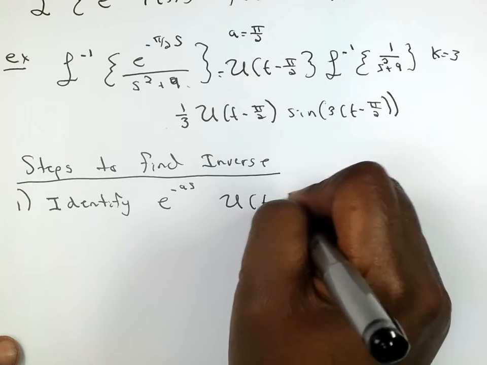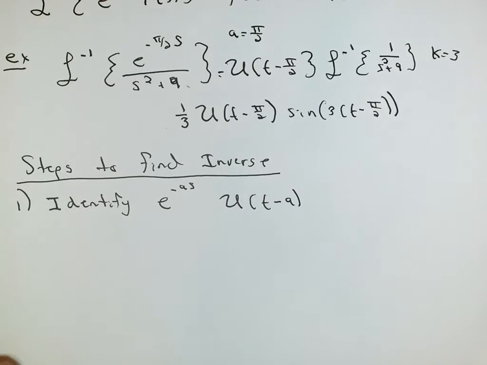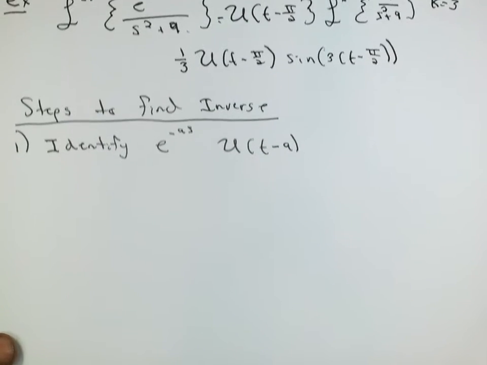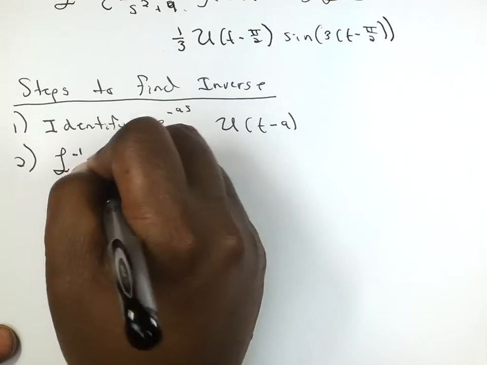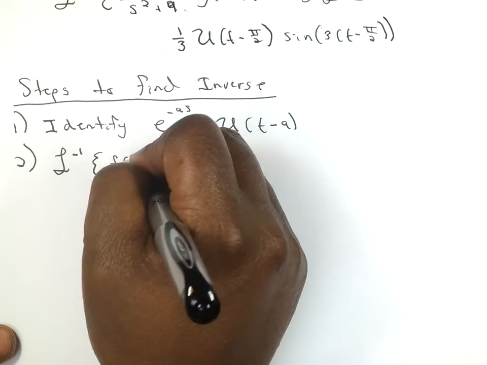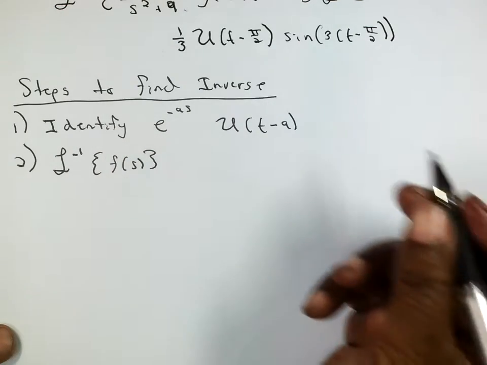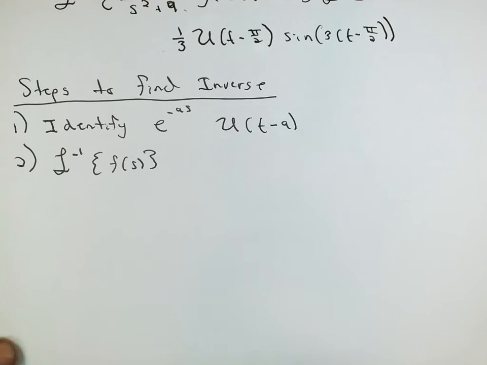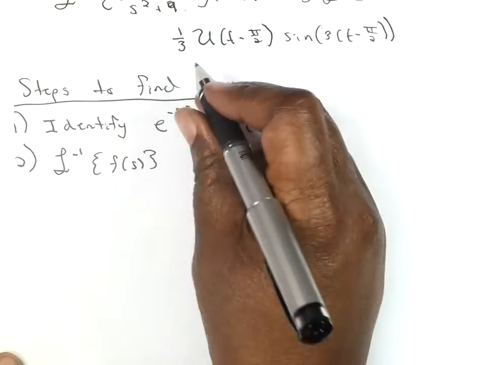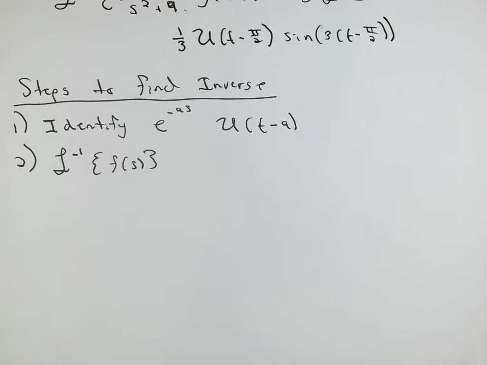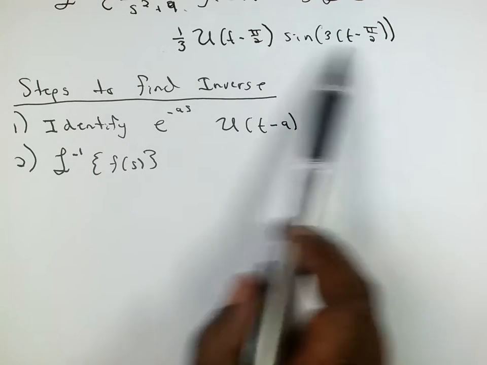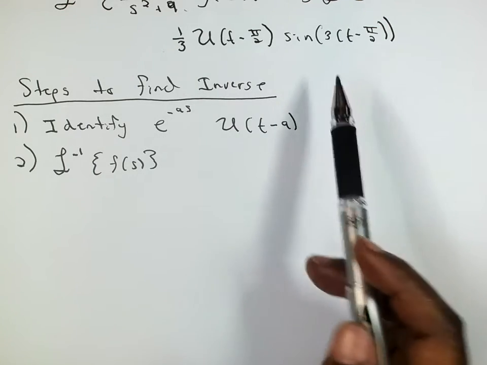And then we're going to just take out the unit step part, u of t minus a. And then we have to look at the inverse Laplace and make sure that it matches. So we have to make sure that we are in that t minus a part, like we did up here. We still have these that are matching inside this argument.